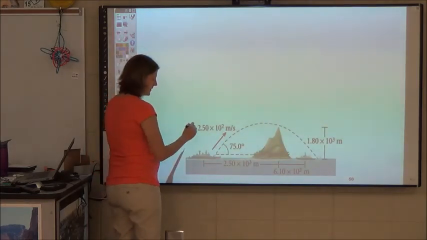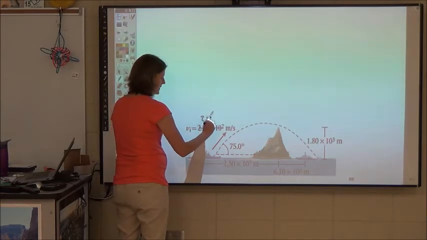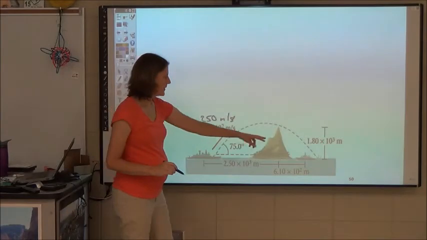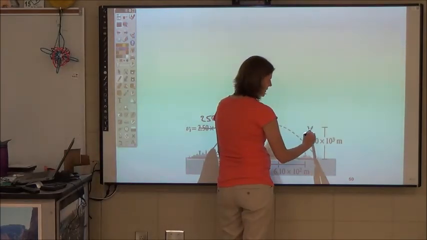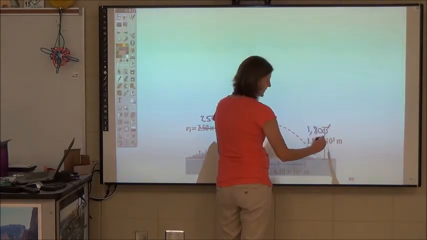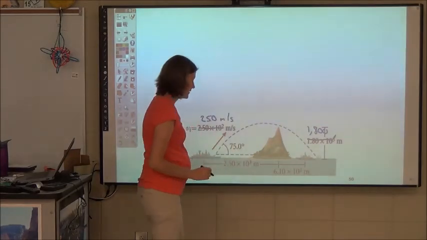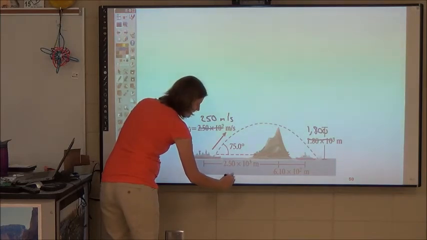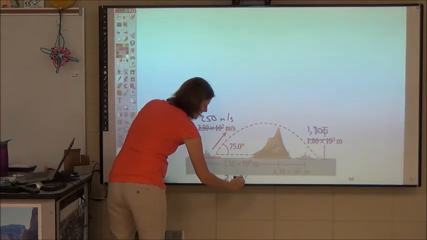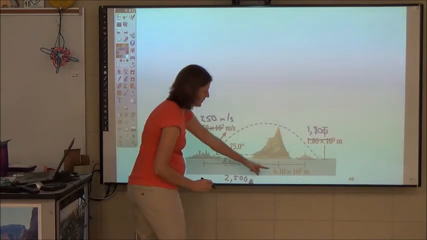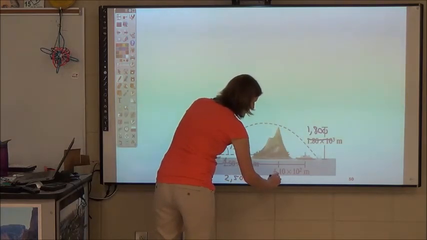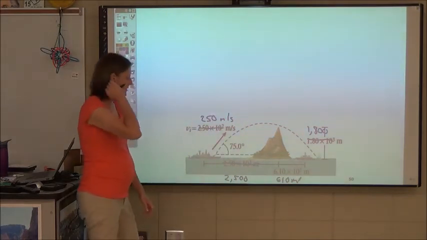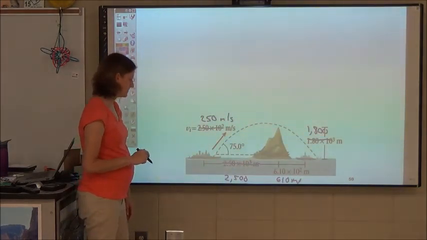So it's a little easier for me to think of this as just 250 meters per second. 10 to the third, 1,800, it's 3 decimal slides. Down here we've got 2,500 meters plus this additional 610 meters. And that was the distance just to where the ship was.